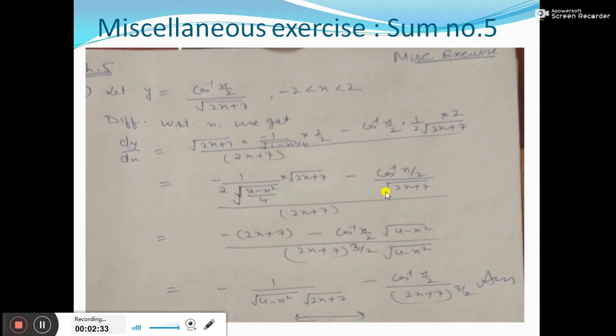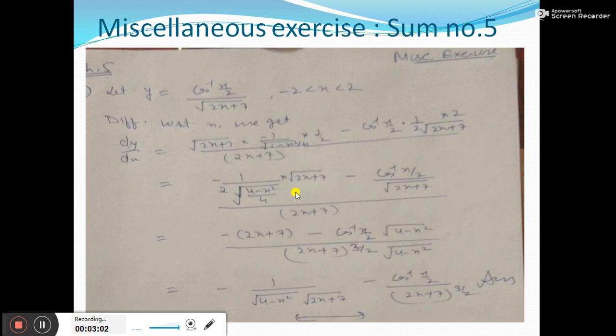When we take this LCM and multiply, it becomes minus of 2x plus 7 minus cos inverse x by 2 root of 4 minus x square, with root of 2x plus 7 and root of 4 minus x square in the denominator, and root of 2x plus 7 into 2x plus 7 becomes 2x plus 7 power 3 by 2. That is the answer. But in your book, the answer is different.